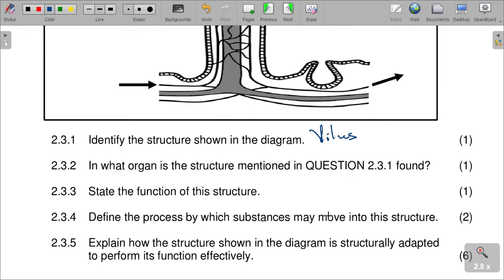And then the next question is saying, in what organ is the structure mentioned above found? The villus is actually found in the what? In the small intestines, which we can say the ileum, the duodenum, or what. So we can just say in the small intestines.